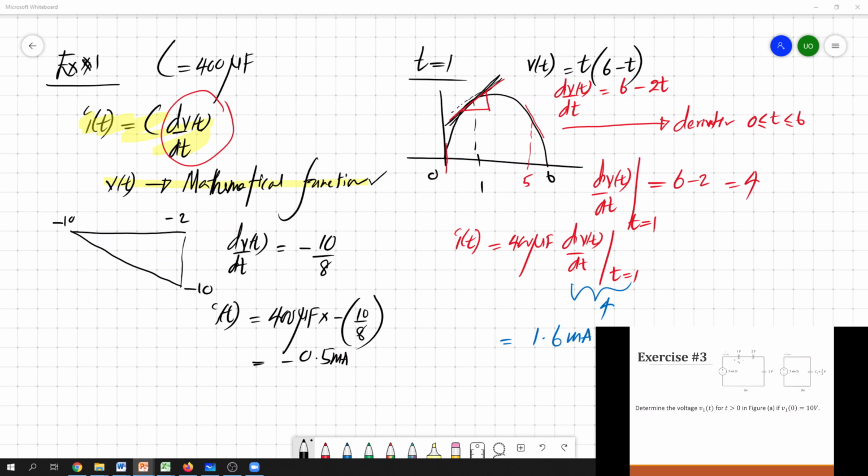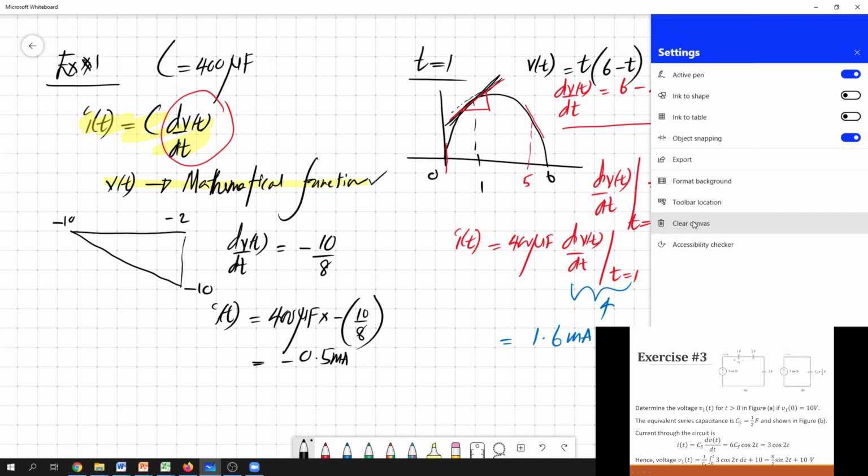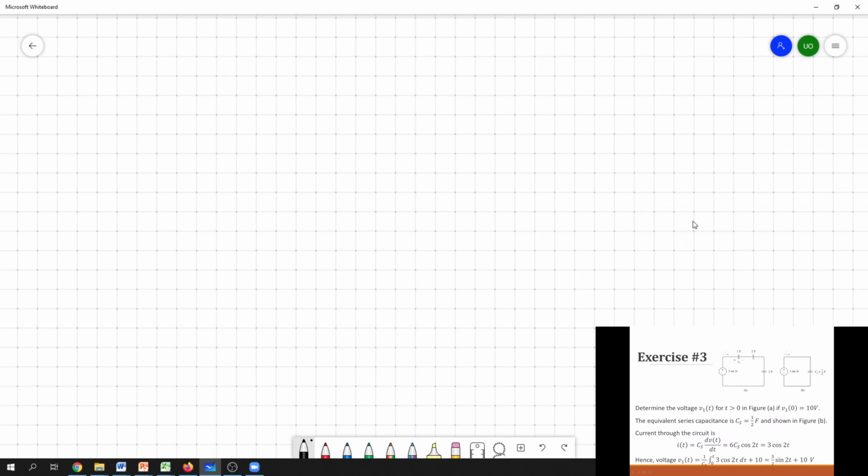So again, I'll explain one more example. You can refer to exercise number 3 in the slide. You are given a circuit having a source.